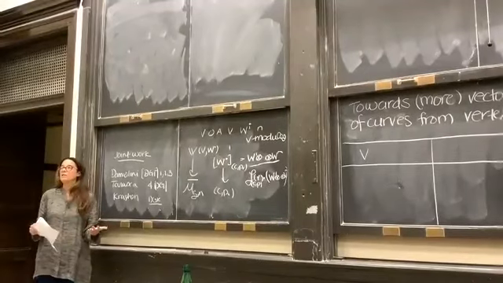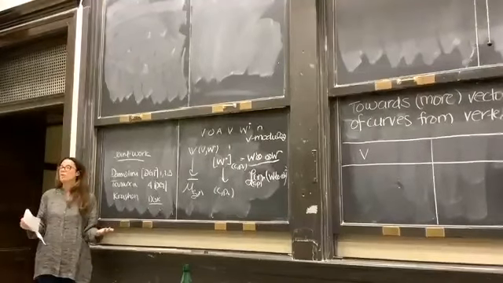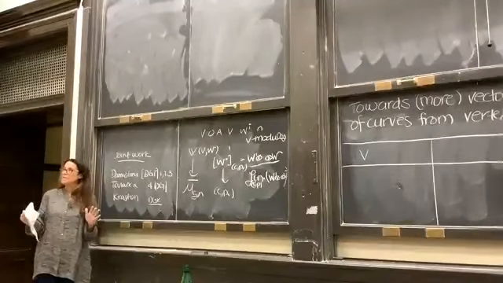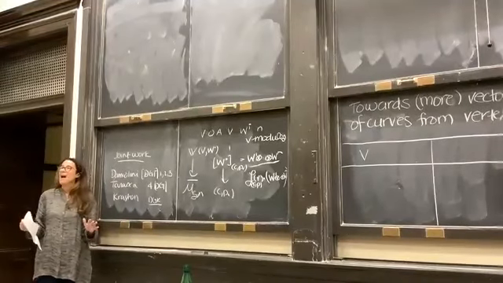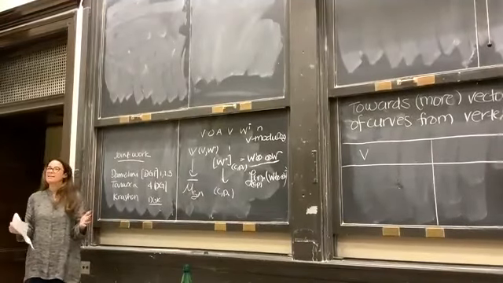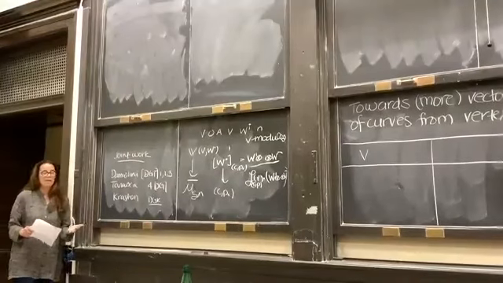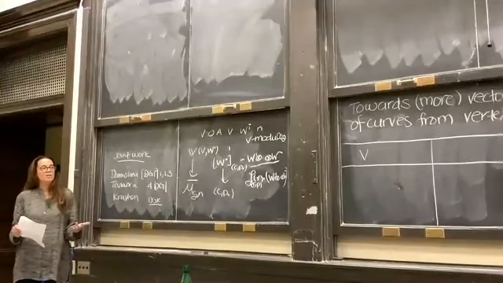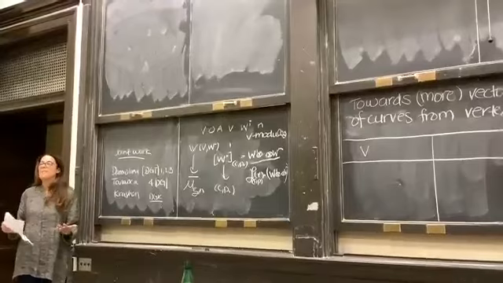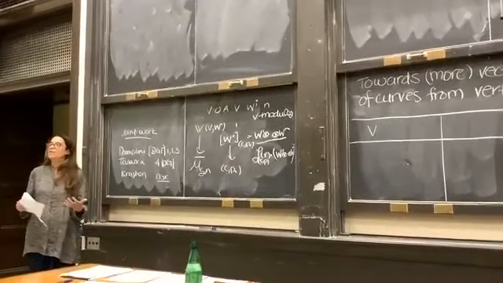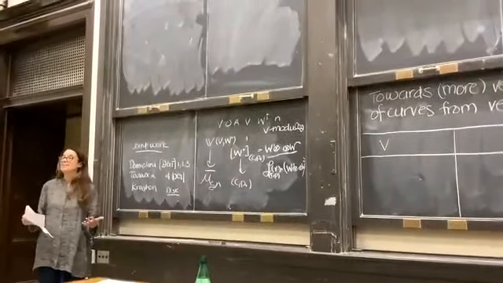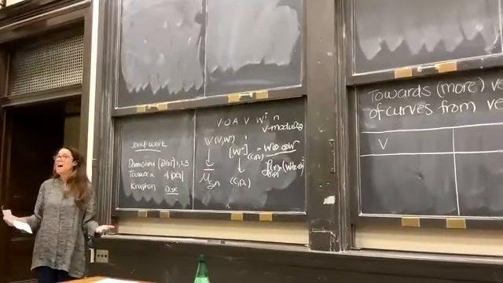All the results that I'll write down are actually true in families, but to save time I'll write them for points. Of course, the stack is coarsely represented by a projective variety, the moduli space of curves, and it really doesn't matter whether you think about the object as a variety, scheme, or stack.